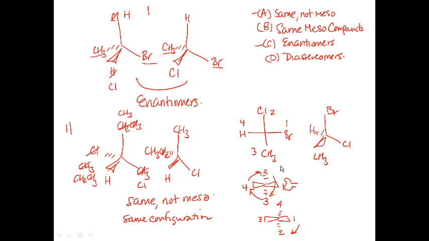Going from 1 to 2 to 3, this is the R. What is this one over here? 1, 2, 3, 4. 4 is pointing away from me. So in this case, these also are the same molecules and they are not meso.